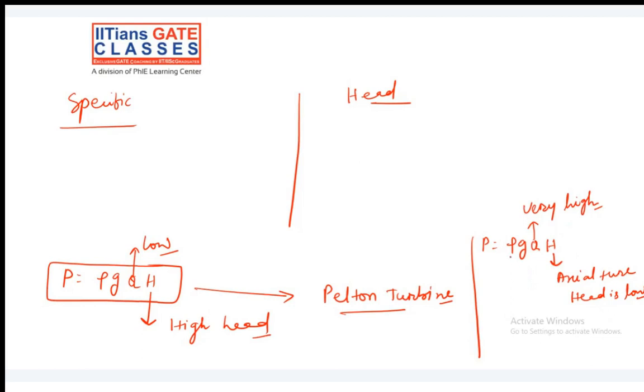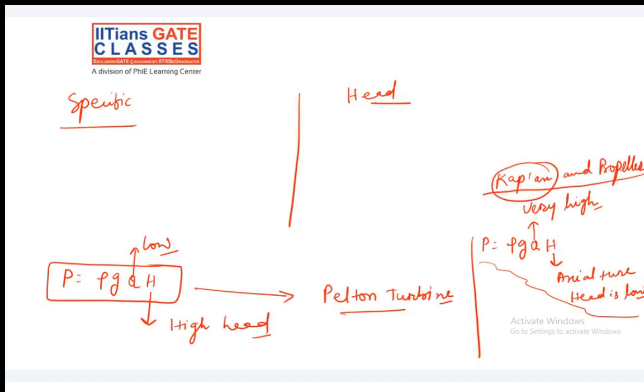The multiple select questions are there, na? So they can ask questions in this form. Axial turbines are what? Kaplan and propeller.